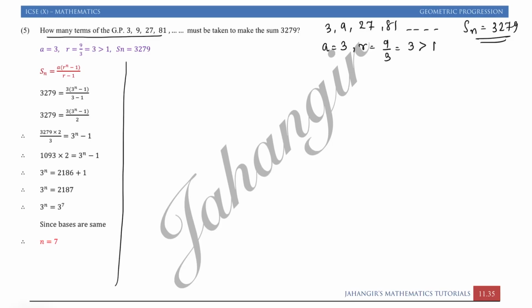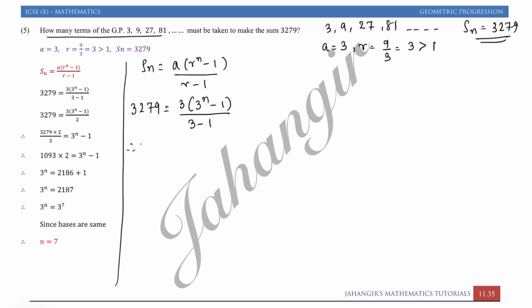So therefore for Sn I can write A into r raised to n minus 1 upon r minus 1. Sn is 3279, which is equal to a is 3, r is 3 raised to n minus 1 upon 3 minus 1.